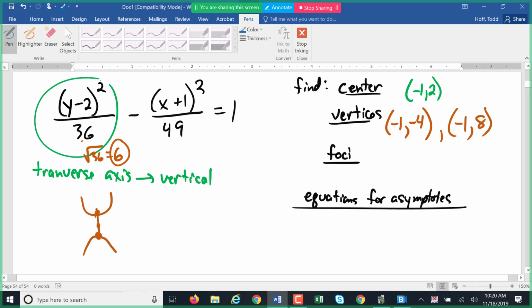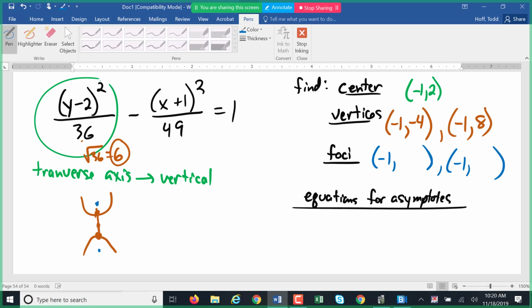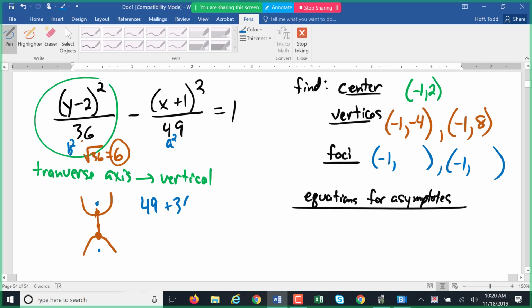Our foci. Well, again, for the foci, the x-coordinate is going to stay -1, because the foci are going to be on that transverse vertical axis as well. We need to find the distance for the foci. So it's going to be a squared plus b squared. Well, a squared is 49. b squared is 36. That adds up to c squared. If I add those, that ends up being 85 is c squared.